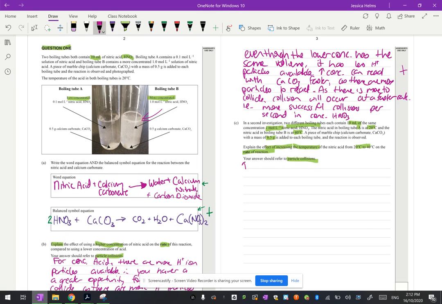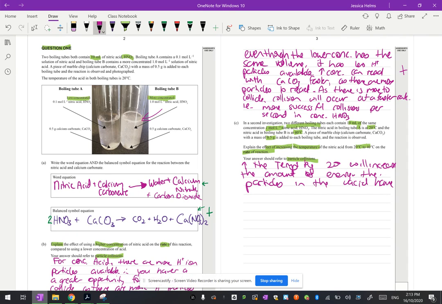So increasing the temperature by 20 degrees will increase the amount of energy the particles in the acid have.